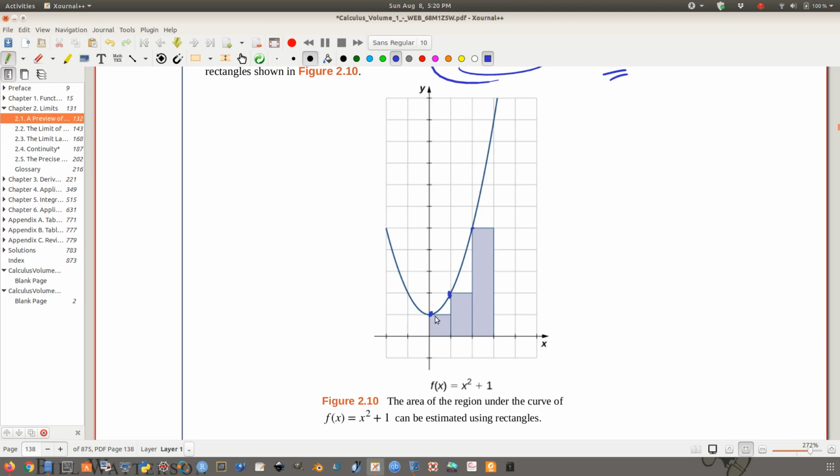And it's easy to find the area. It's 1 times 1. This is 1. This is 2. Height 2 times 1. And this is 1, 2, 3, 4, 5. 5 times 1. So 5 plus 2, 7 plus 1, 8 is the approximation of the area. In fact, we're trying to find the area here. It's an approximation.